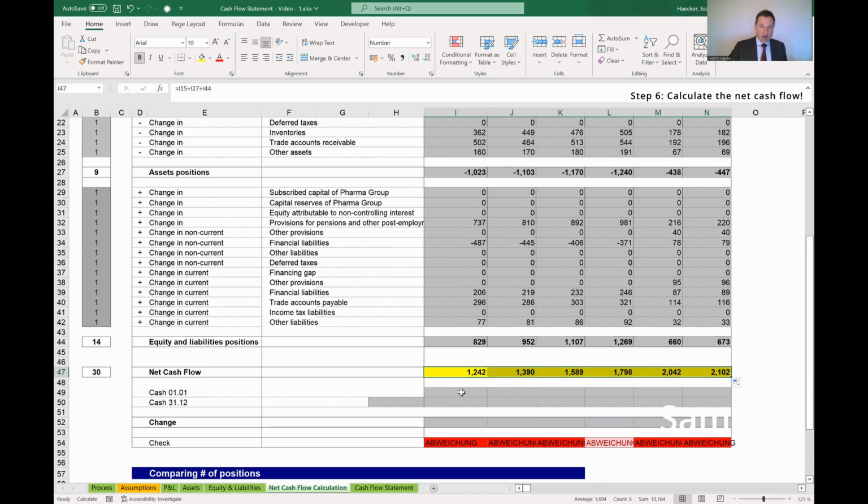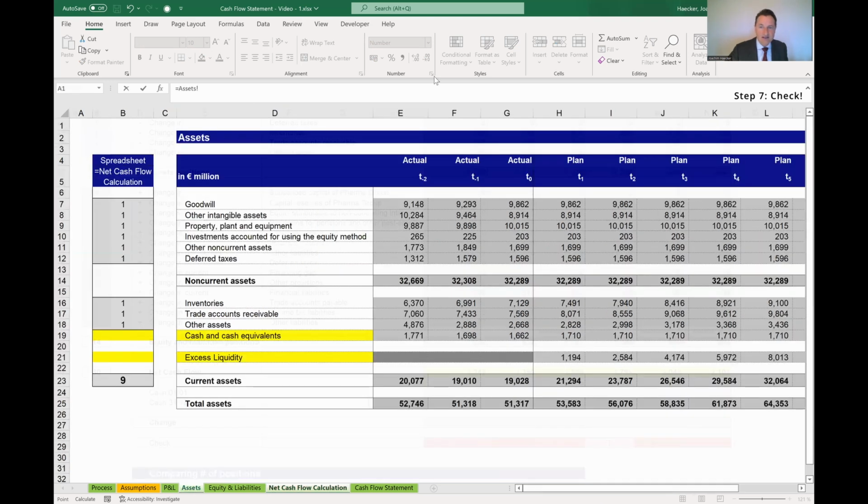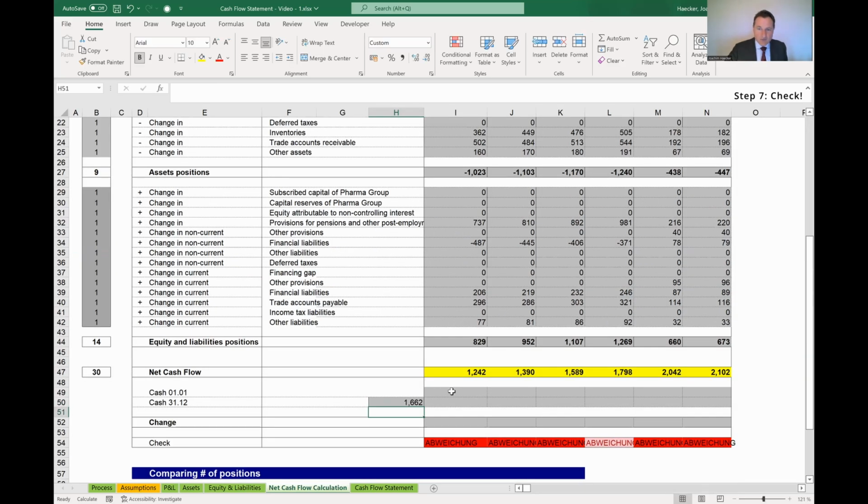And now I want to check whether everything is correct, because I want to know what was my cash position at the end of last year. Well, we go there and go to the asset side. Where is the cash? It's here, 1662, no excess liquidity, of course. So when that moves forward, this is also the cash position on the 1st of January of my new year.